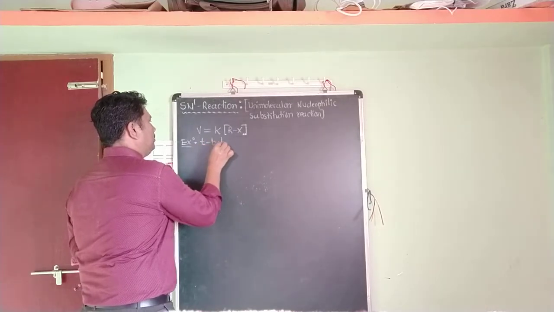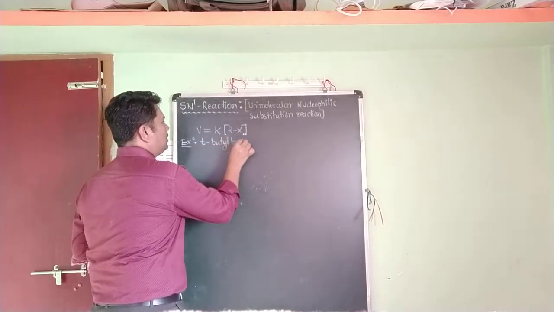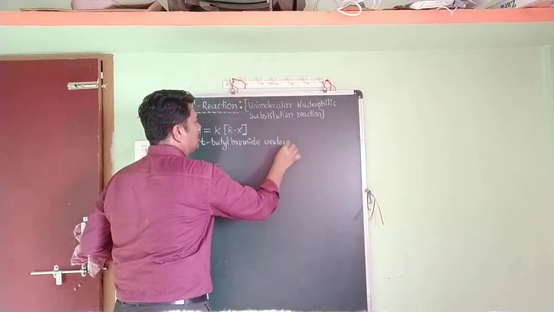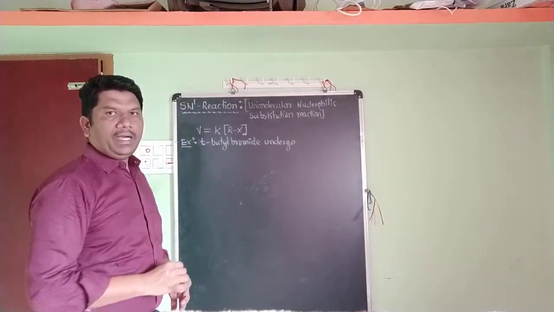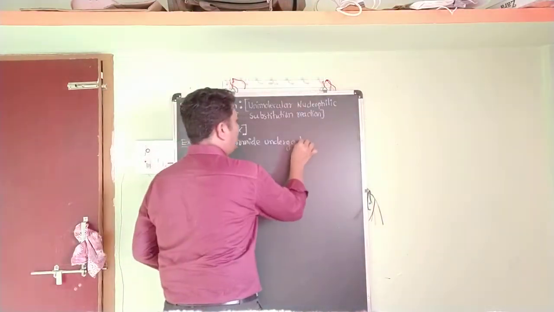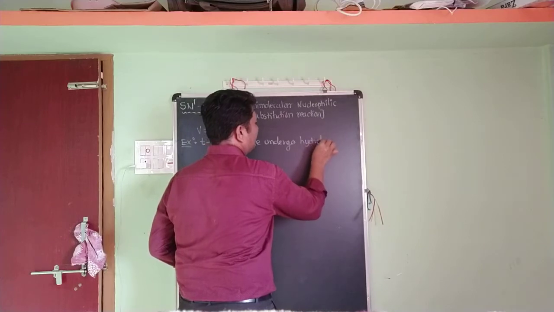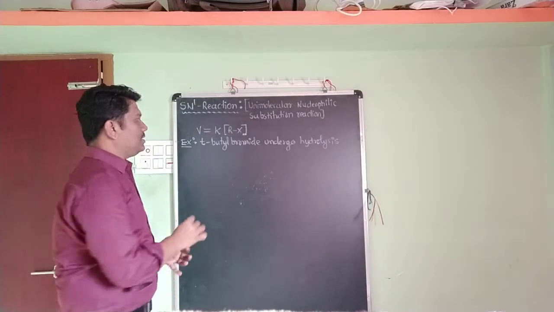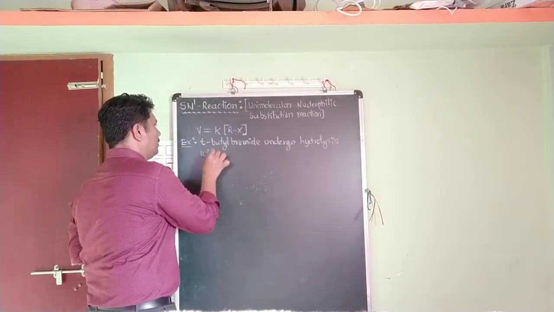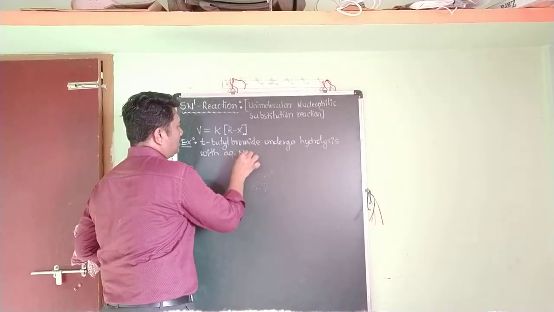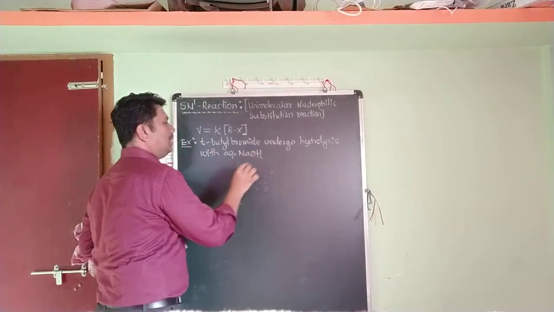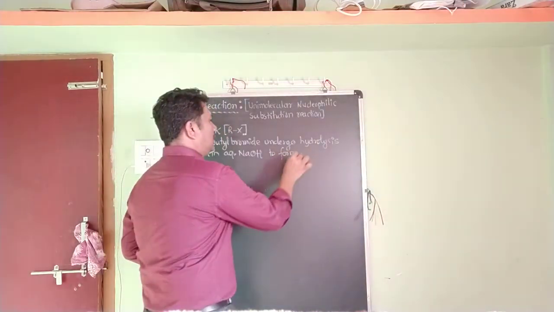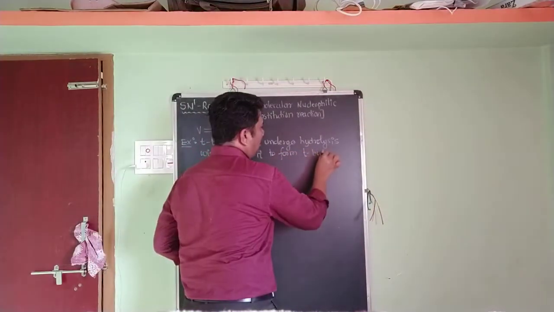Tertiary butyl bromide undergoes hydrolysis with aqueous NaOH to form tertiary butyl alcohol.